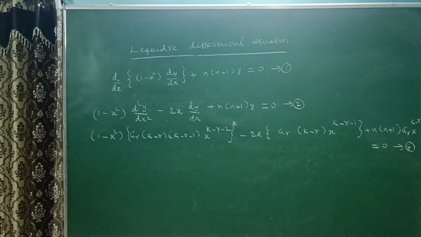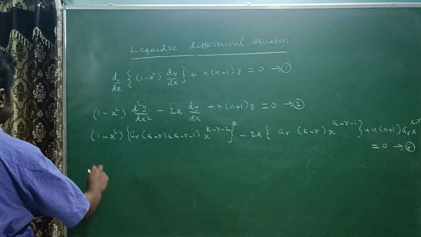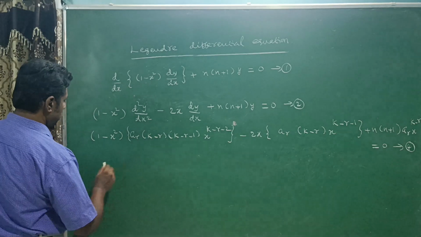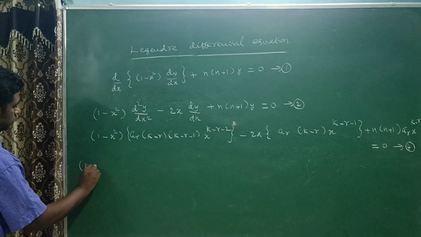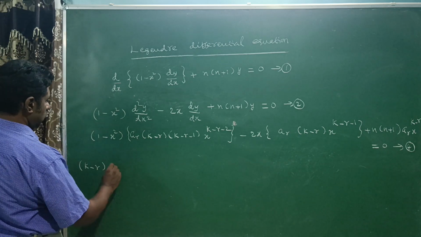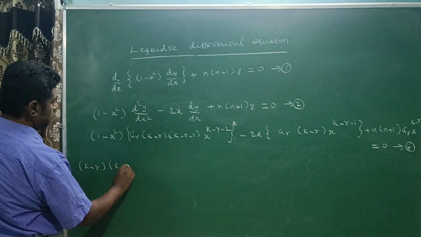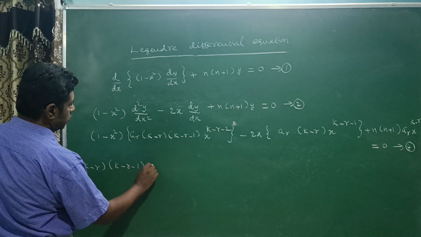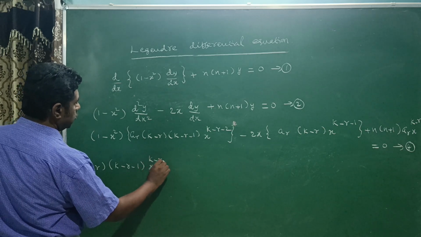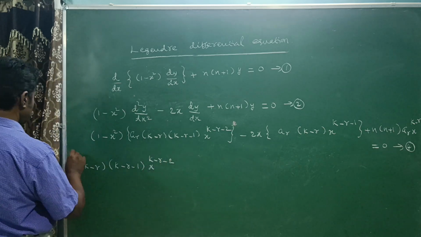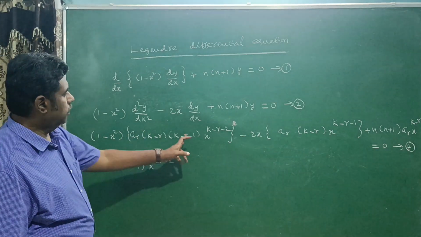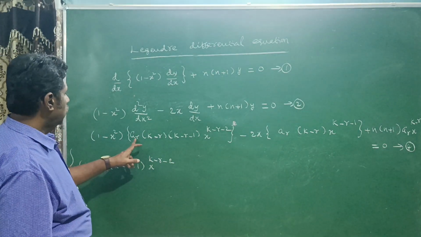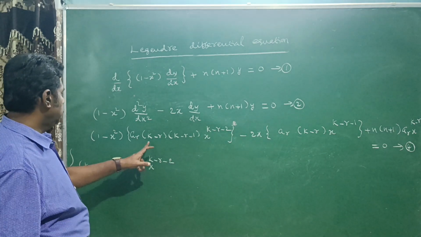This is modified as, see, 1 into this term, it is (k minus r)(k minus r minus 1) x power k minus r minus 2. 1 into these terms. We have to take out ar as a common term.